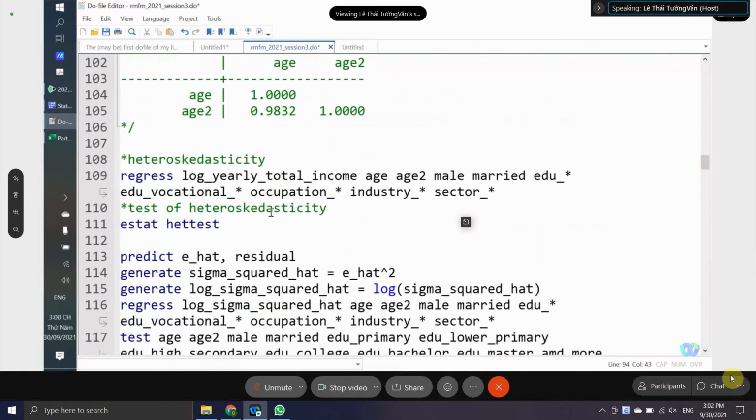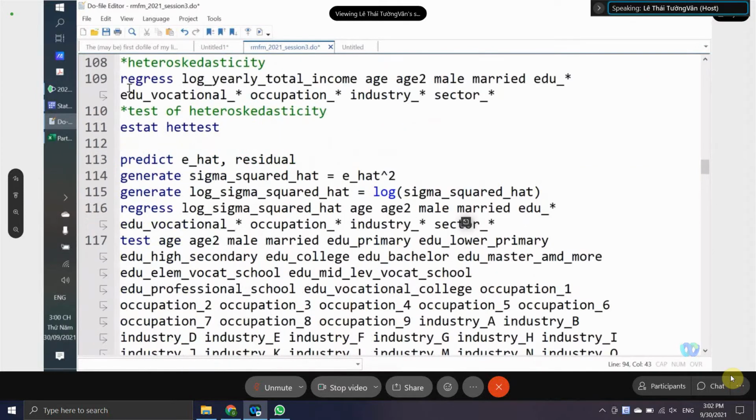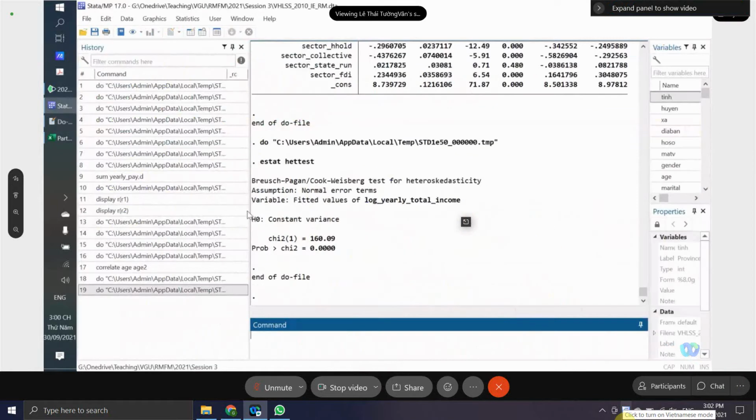Now, when you want to test for heteroscedasticity, after running the regression, you just need to type estat hettest, and this is the result.